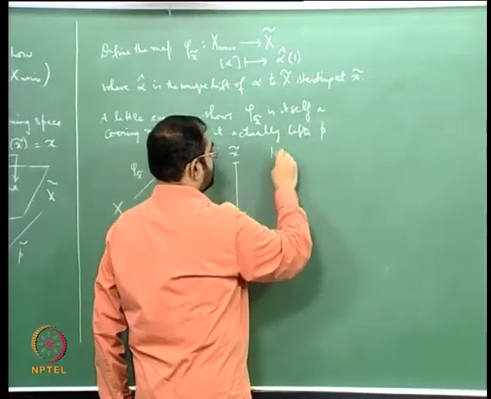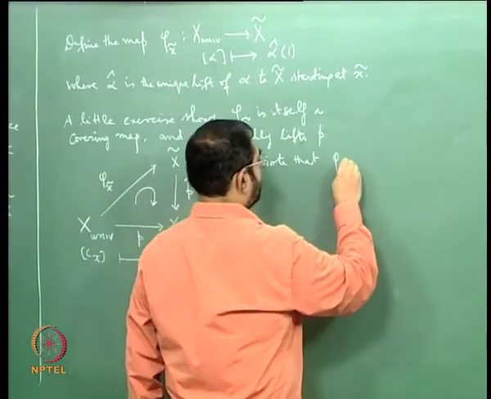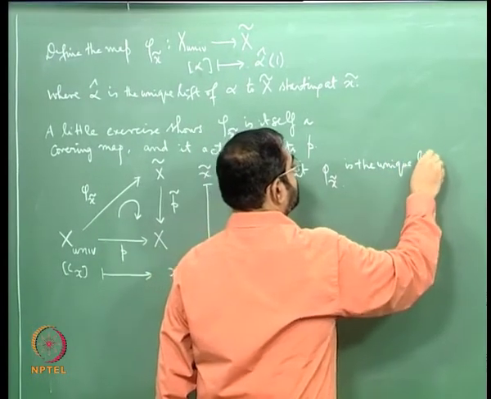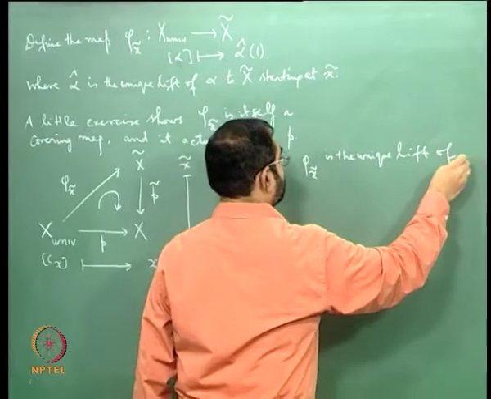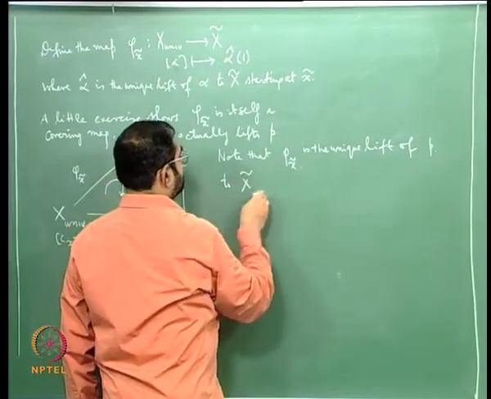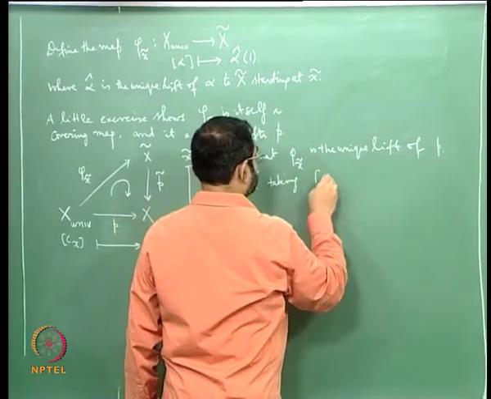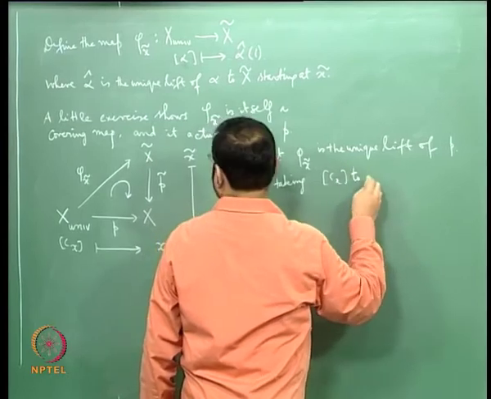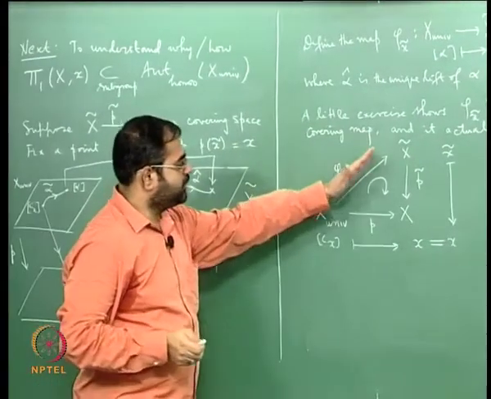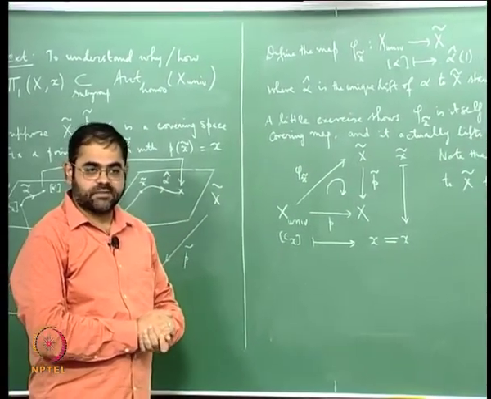Note that phi x tilde is the unique lift of P to x tilde taking Cx to x tilde, okay, because a covering map, a local homeomorphism, has this uniqueness of lifting property.